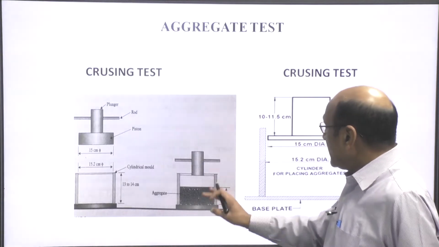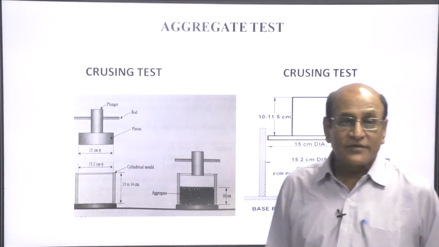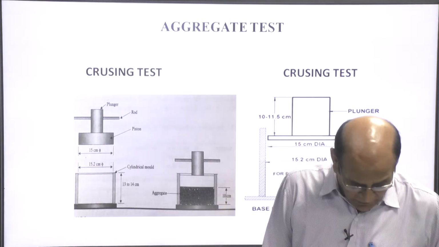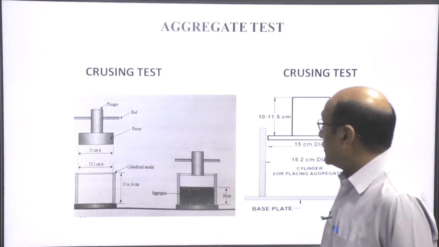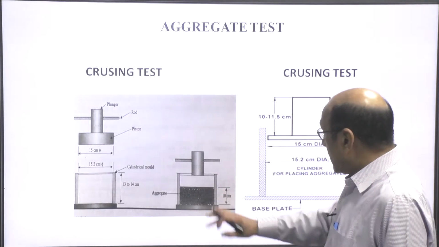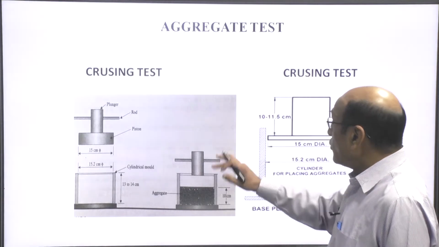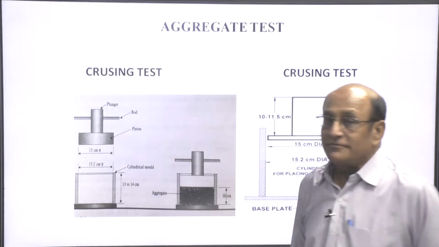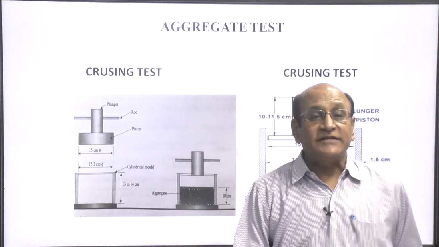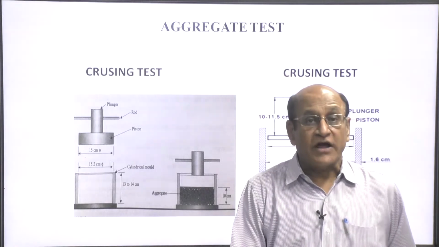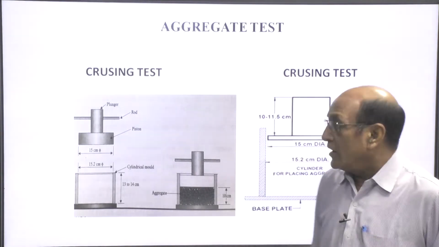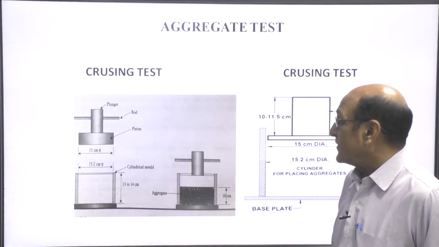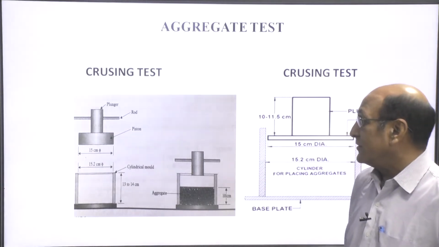After placing and compacting the aggregate, the load is applied through the plunger, and 40 tons load is applied at the rate of 4 ton per minute. Load is applied up to 40 ton.